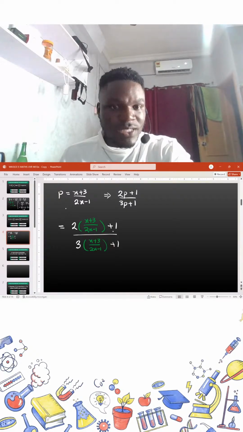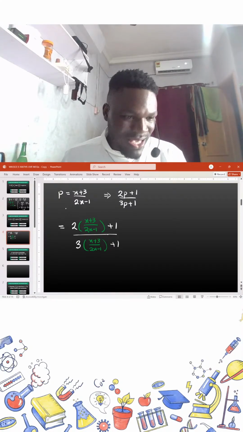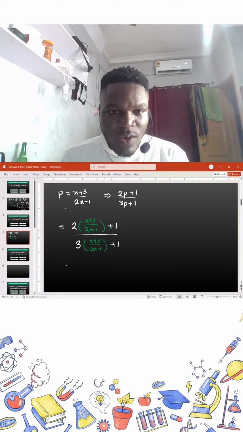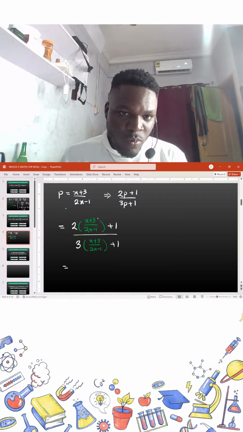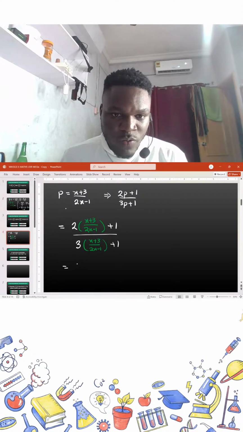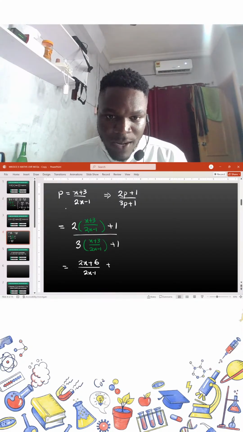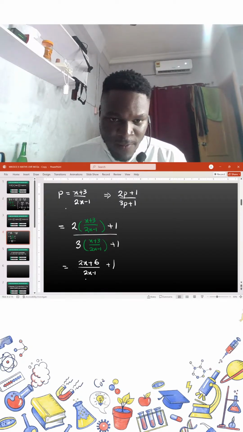So this is the expression that we have. Now from here we can proceed to solve the problem to get our solution. Over here we use the 2 to multiply the numerator at the top, which is x plus 3. If we do that, we get 2x plus 6, all over the 2x minus 1, then plus 1. This is for the numerator, the top.